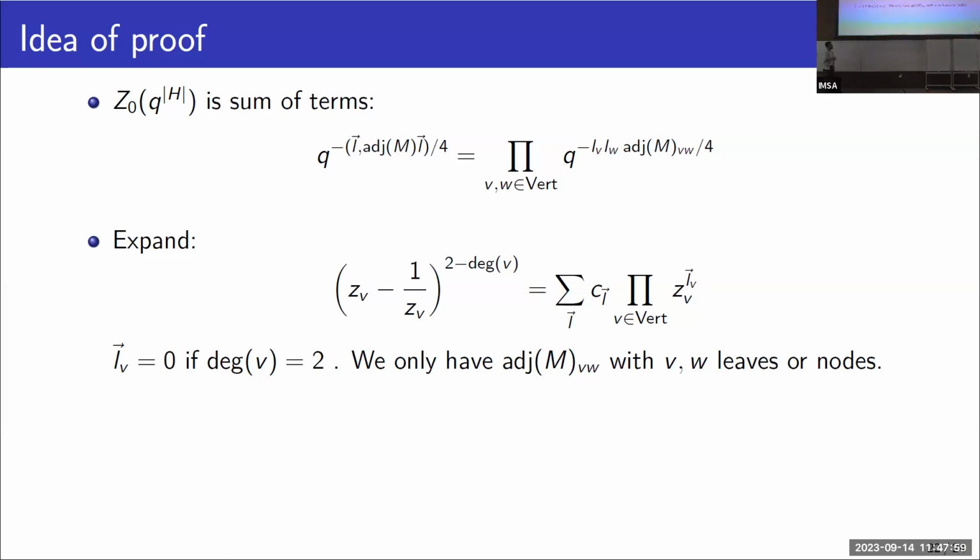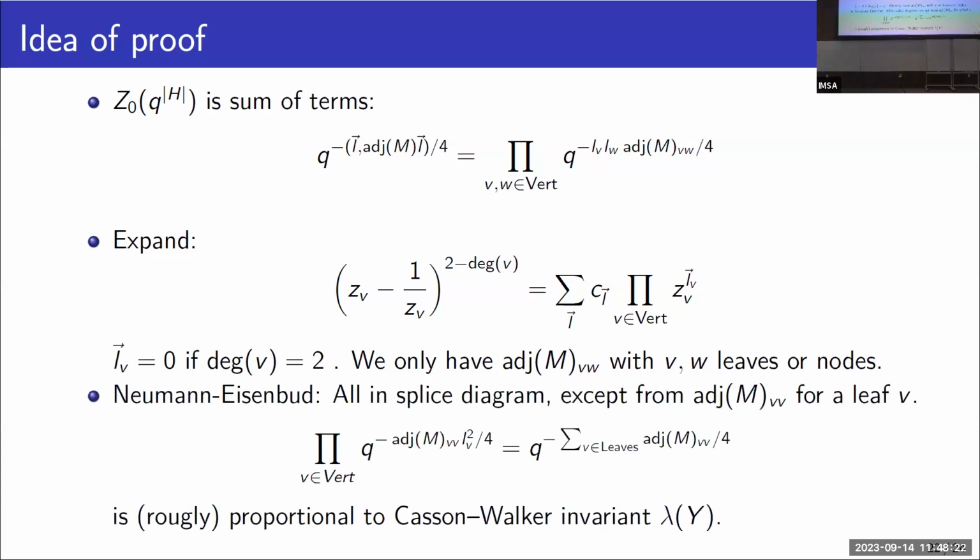And also you're getting some combinatorial numbers in front, because you are expanding higher and higher powers of Z minus 1 over Z. So you have a bunch of vectors like this. And then you plug them into the quadratic form.